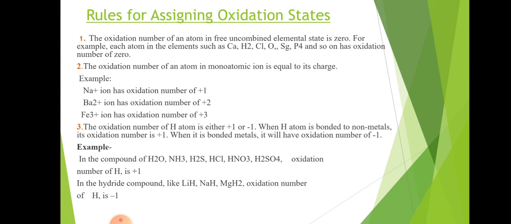Second rule: the oxidation number of an atom in a monoatomic ion is equal to its charge. For example, the sodium ion has an oxidation number of +1, the barium ion has an oxidation number of +2, and the Fe3+ ion has an oxidation number of +3.